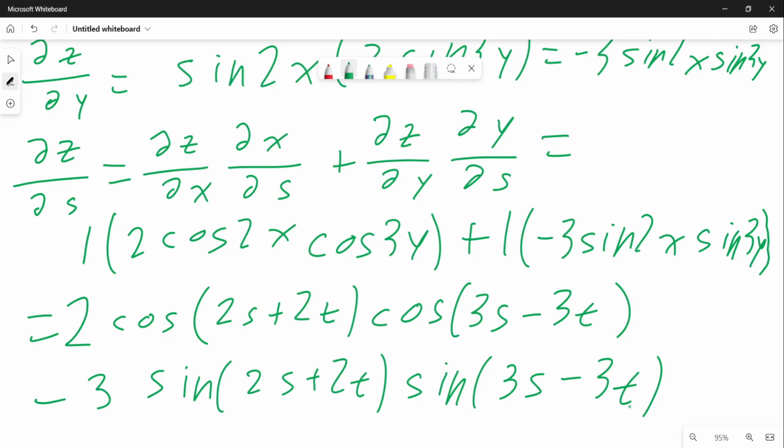Now, I know I said t doesn't factor into it, and it wasn't any of the partials. There were no dt's, yet t is still in the answer. So that happens sometimes. How fast z is changing with respect to s does depend on t, even though t wasn't one of the variables we took the derivative of.